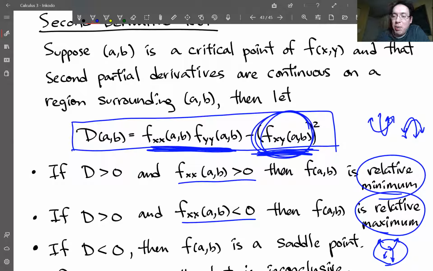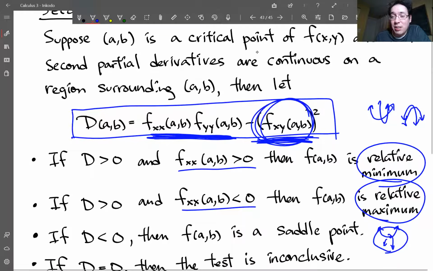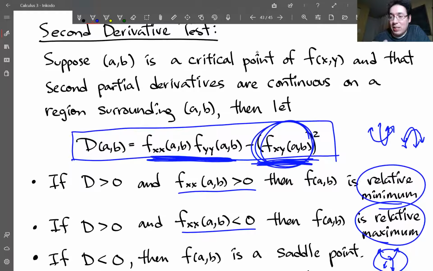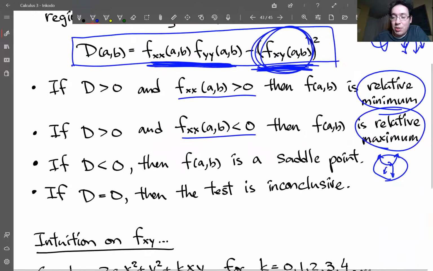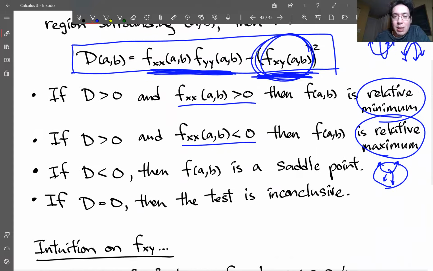And it's possible to have something that's curving upward in the x and y directions, but the surface itself is twisted. So you have a saddle. Let me show if I can have a graph that could show this.